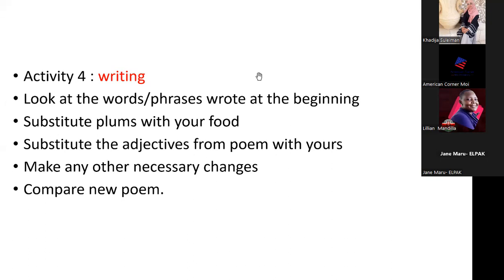So you substitute the plums with your own food, substitute the adjectives from the poem with yours, and then make any other necessary changes. And then you compare the two poems. I hope that's clear now.